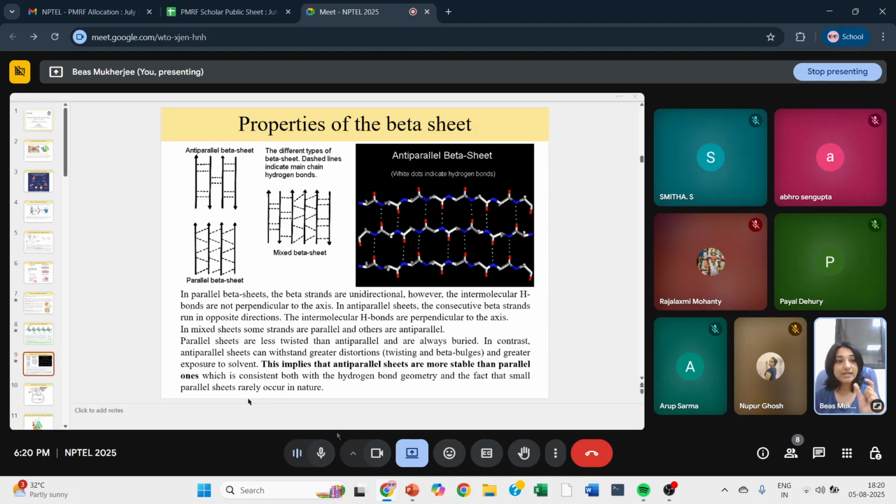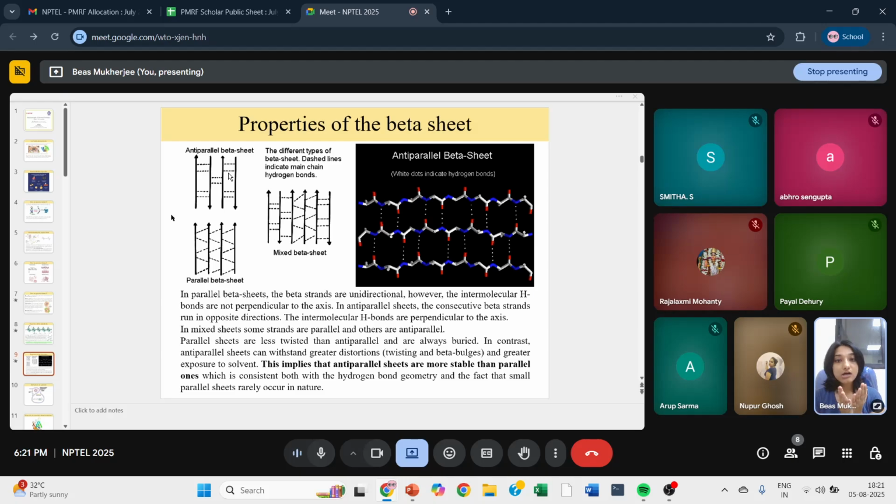So see, in antiparallel beta sheet, the hydrogen bond is denoted with these dashed arrows. These hydrogen bonds are actually just 90 degrees to the beta sheet, right? But for parallel, it is actually zigzag, right? So in parallel beta sheet, the beta strands are unidirectional.